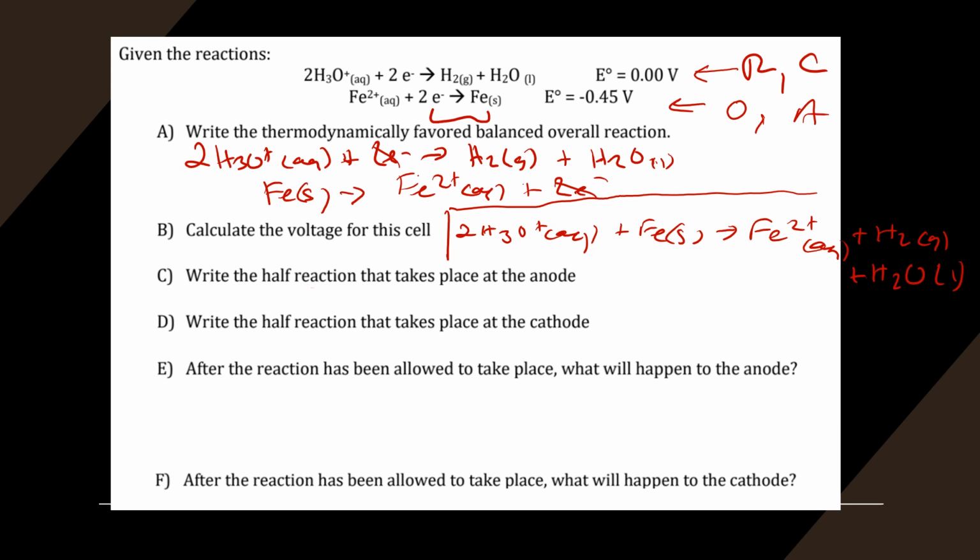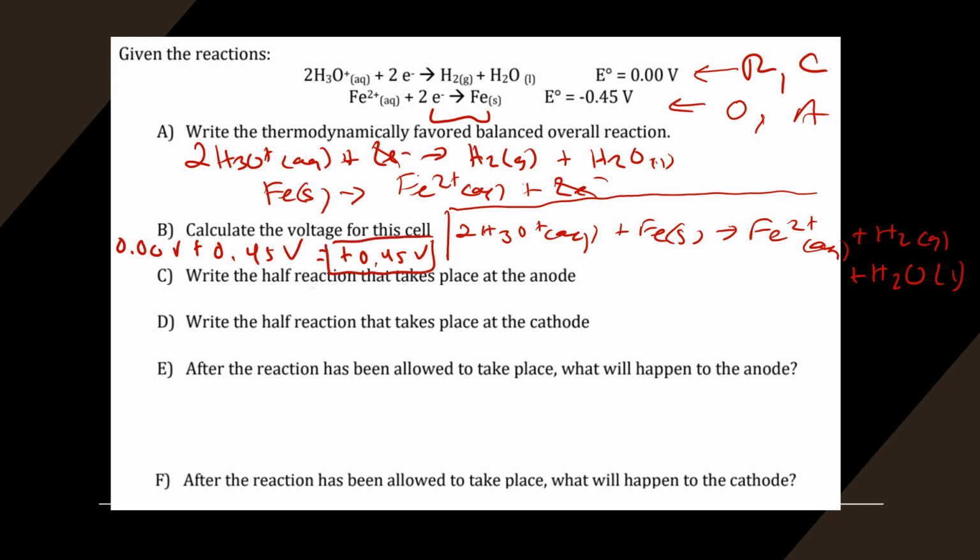Calculate the voltage for the cell. I have 0, so I'm just going to add the two: 0.00 volts plus the opposite of what I have up there for the second one. So my answer is going to be plus 0.45 volts.